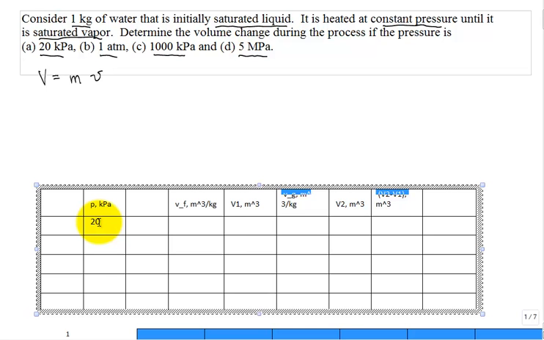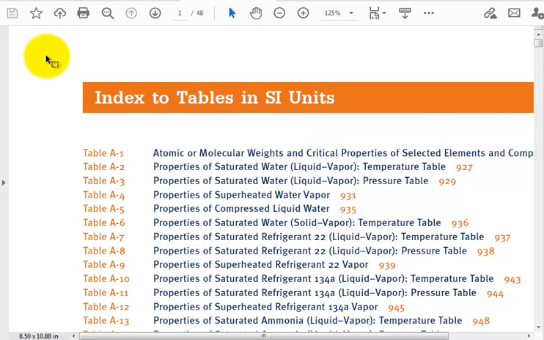To do that, we go to the back of the textbook and look at our tables A1, A2, A3, etc. These are for the SI units. The other would be the United States customary system of units with BTUs, feet and pounds and all that.